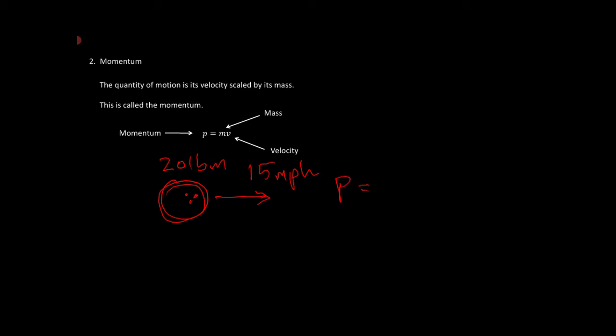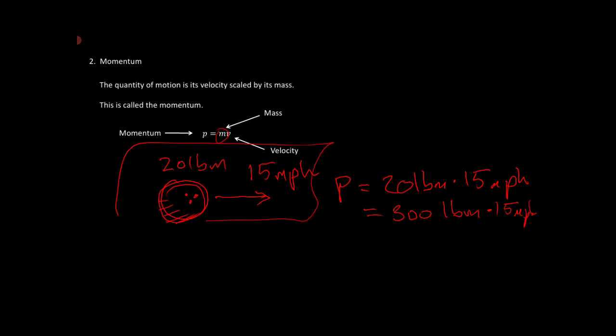Big P here would be 20 pounds times 15 miles per hour, which would be 300 pounds of mass times miles per hour. Now I'm using pounds of mass because this is mass, not force. We're not at the point we have to care about that. So that's the momentum for the bowling ball.